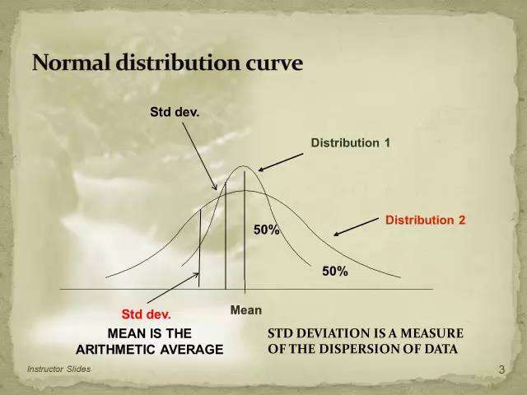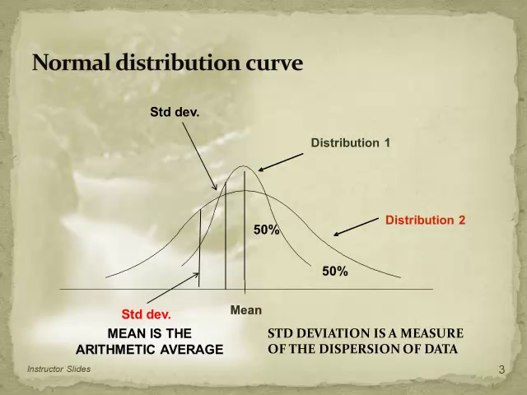So even though normal distribution curve 1 and 2 have the same mean, they do not have the same standard deviation. We can see that distribution curve 2 is wider. The data is more spread out. Therefore, the standard deviation for distribution curve 2 is going to be greater than the standard deviation for distribution curve 1.